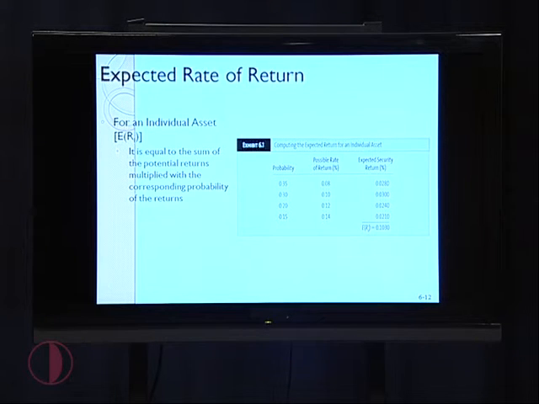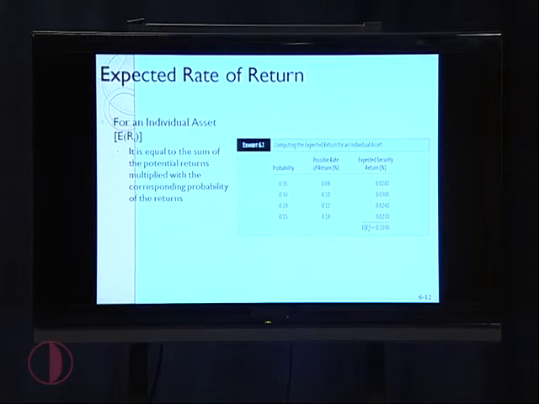How can we calculate the expected rate of return for individual assets? If we have a good knowledge of how to calculate the expected rate of return, it is easy to understand how to calculate it for some assets or for a portfolio of assets.